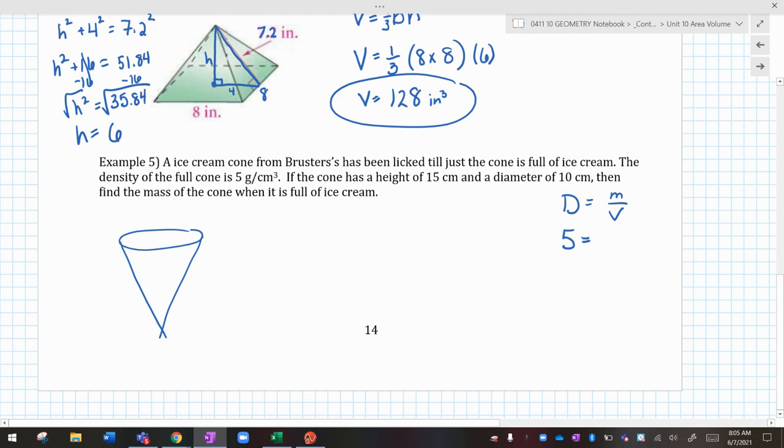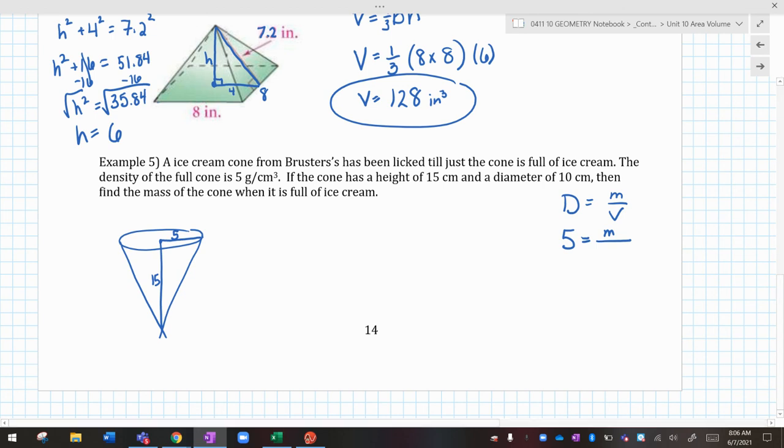If the cone has a height of 15 and a diameter of 10, so that would be 5, then find the mass of the cone when it's full of ice cream. So what I need to do is find the volume of the cone and then use it in the density formula.